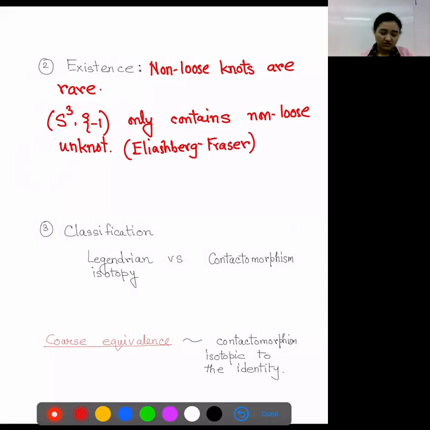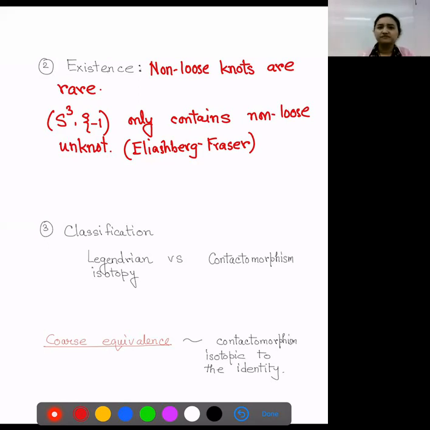Okay. The next is classification. So there are two types of classification in contact geometry. Actually, there are three types, but two of them are equivalent. So Legendrian isotopy versus contactomorphism. Now, in S3 standard, which is the tight contact structure, these two notions are the same.